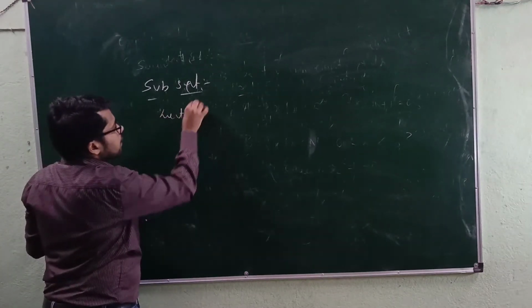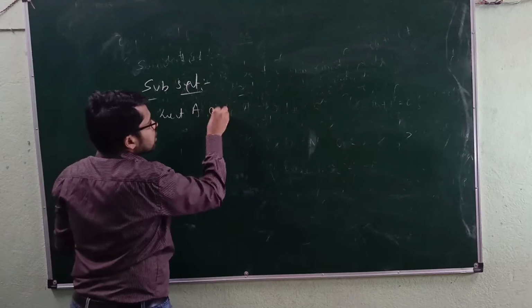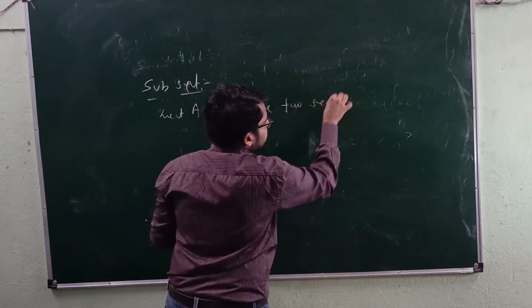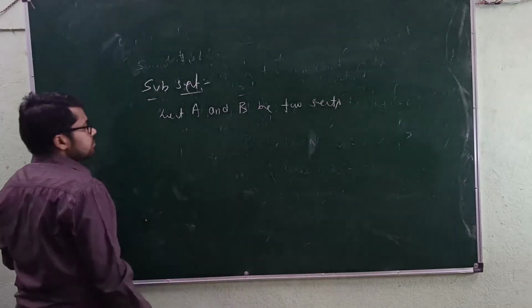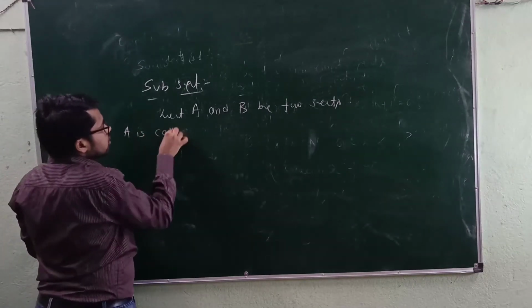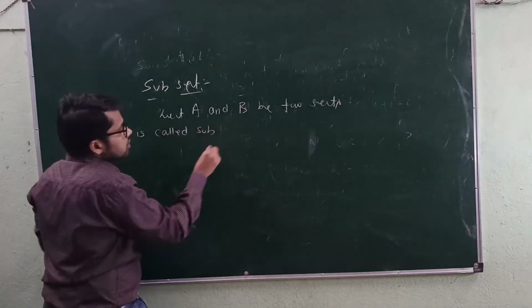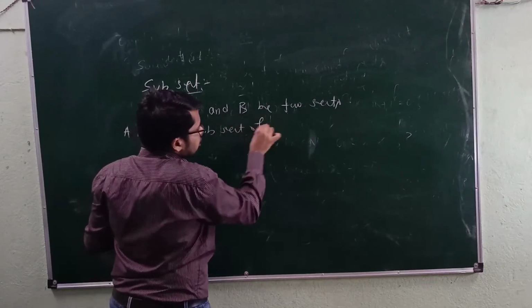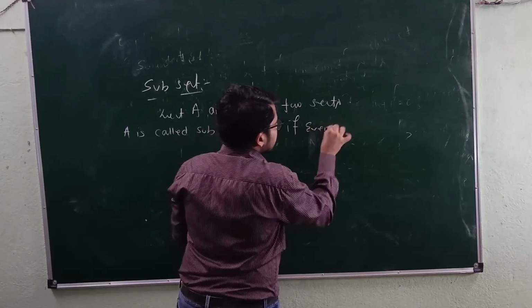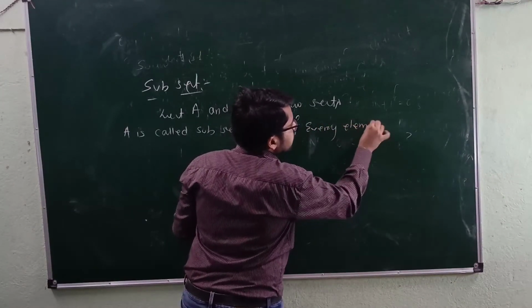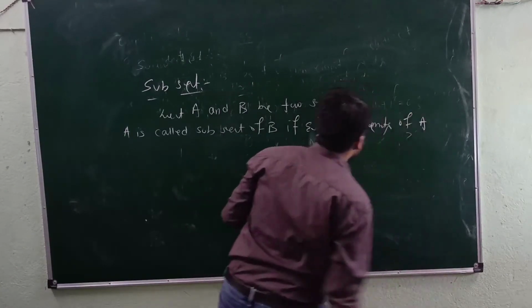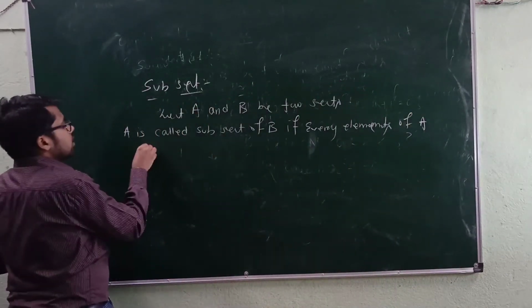Let A and B be two sets. Then A is called subset of B if every element of A is present in B.